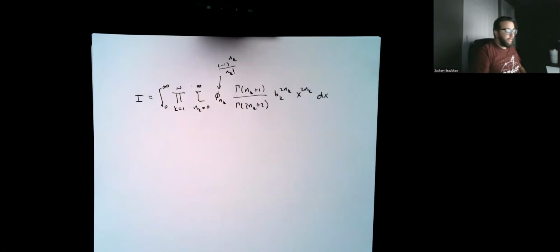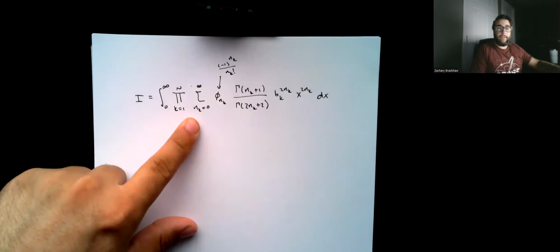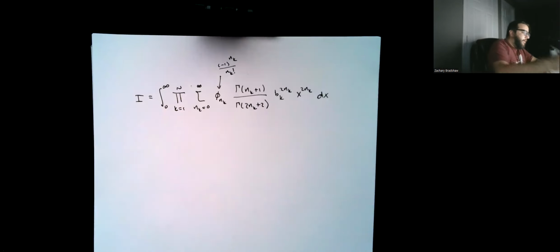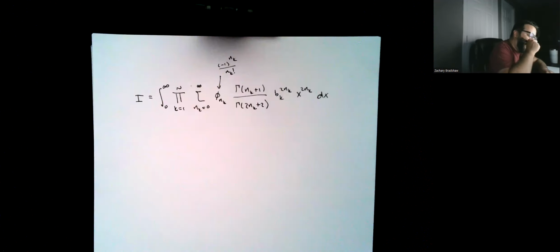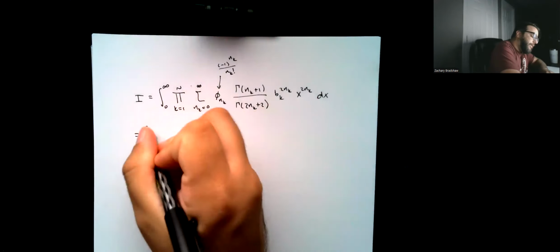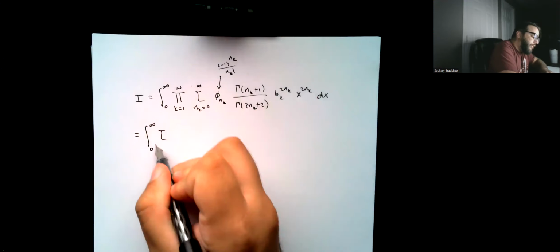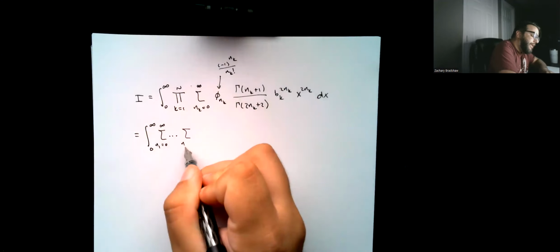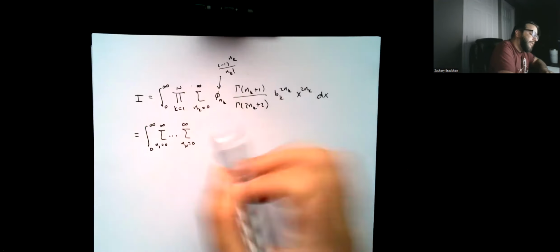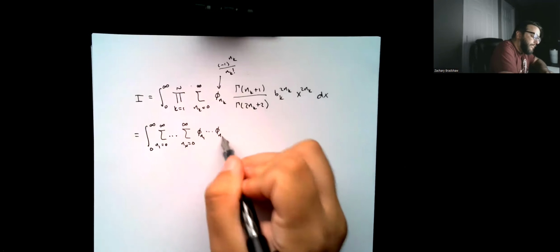Okay, so there's actually capital N sums here, because of this product over K and the index here depending on K. All right, so we can transform this into several bracket series. Right? So this is equal to the integral from 0 to infinity of the sum from n1 equals 0 to infinity through the sum from n capital N equals 0 to infinity. And we have a phi n1 through phi nN.